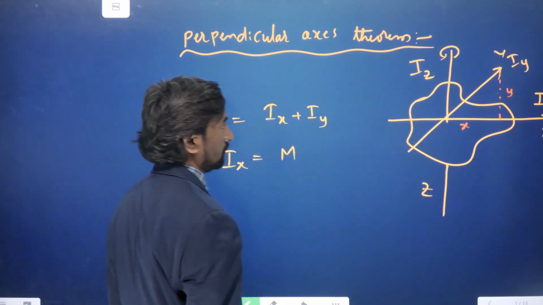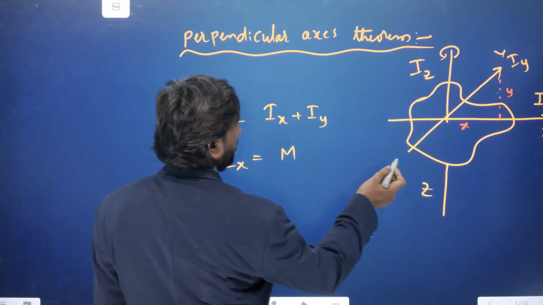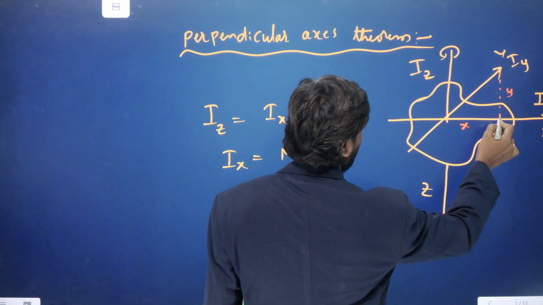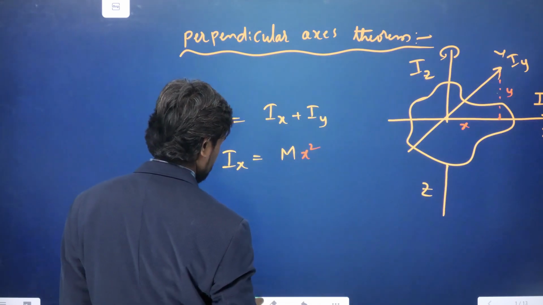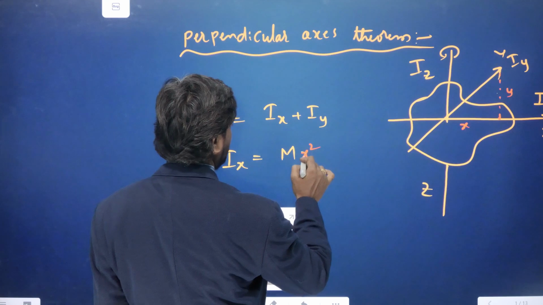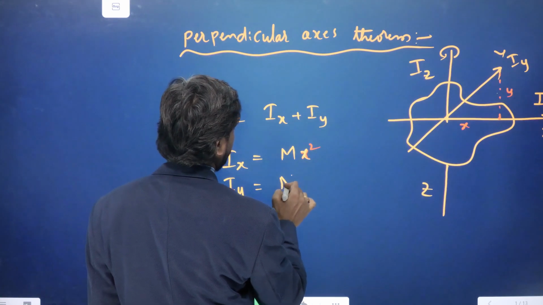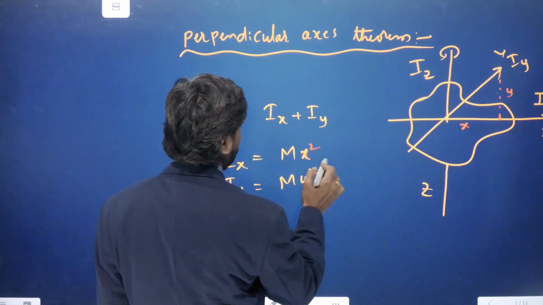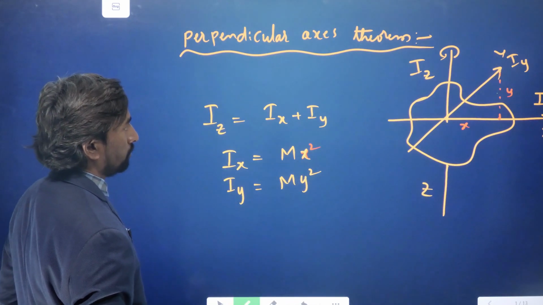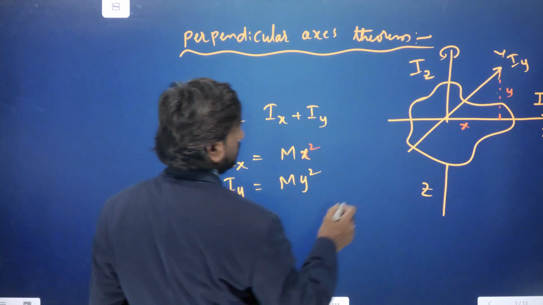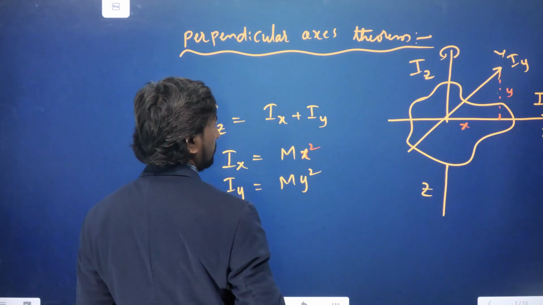Now the moment of inertia about this axis for this particle, we can write m x square. Then the moment of inertia about the y axis we can write as capital M into y square. If you apply the Pythagoras theorem here, what can we get?